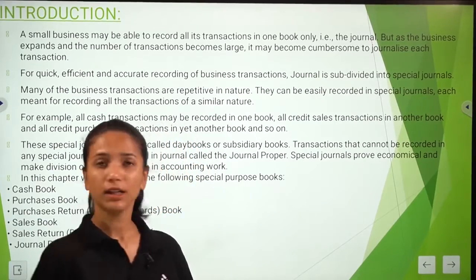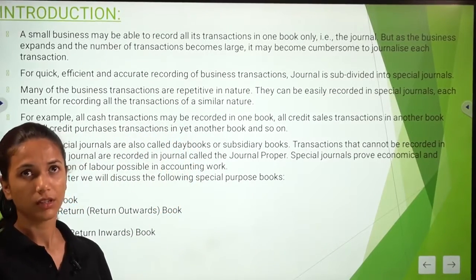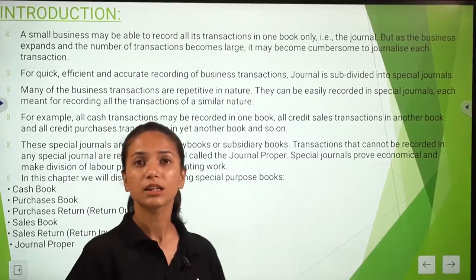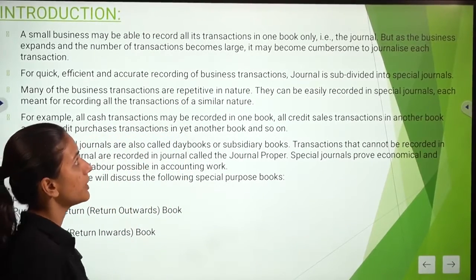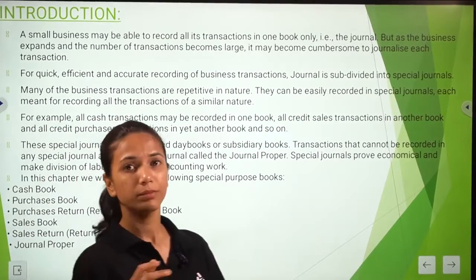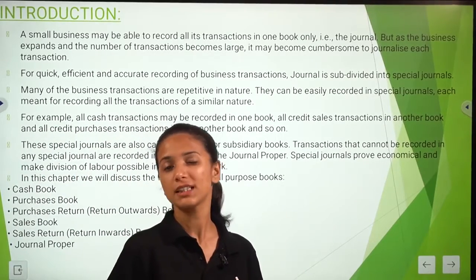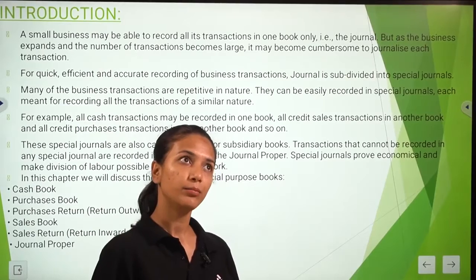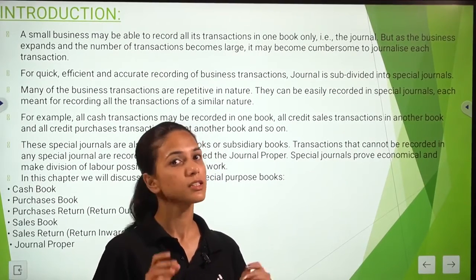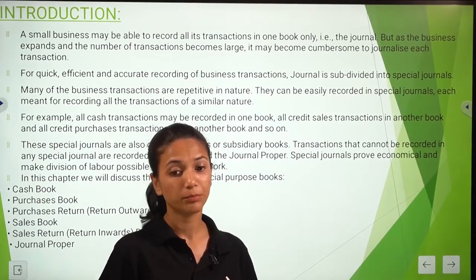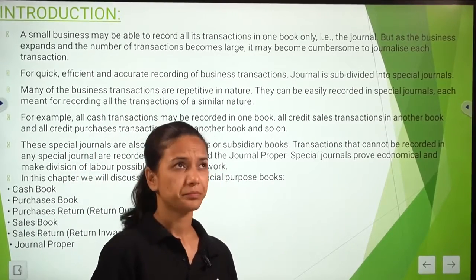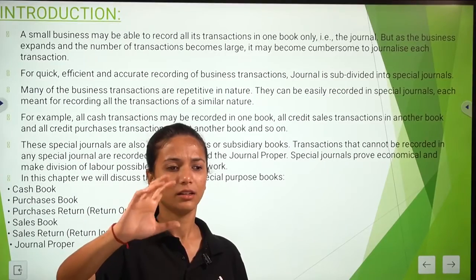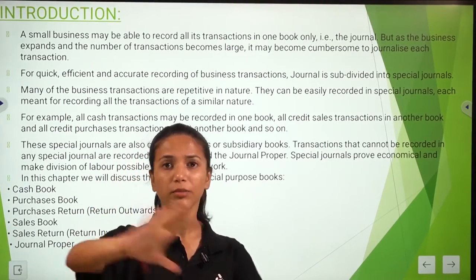But in a big business house, when the business house expands, at that time it becomes very cumbersome, or very difficult, to journalize each and every entry. Like in a big business house there are thousands and thousands of entries taking place per day, because let's say each business house has many branches.